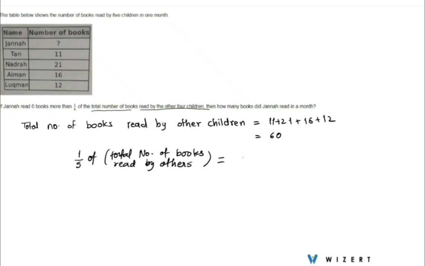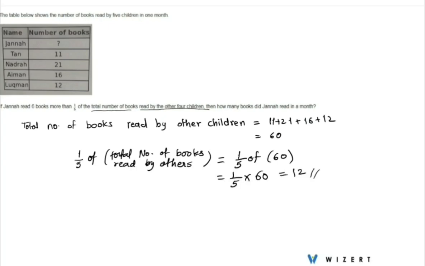It is equal to one-fifth of 60, which is equal to 1 by 5 multiplied by 60, which is equal to 12. So one-fifth of the total number of books read by other children is 12.